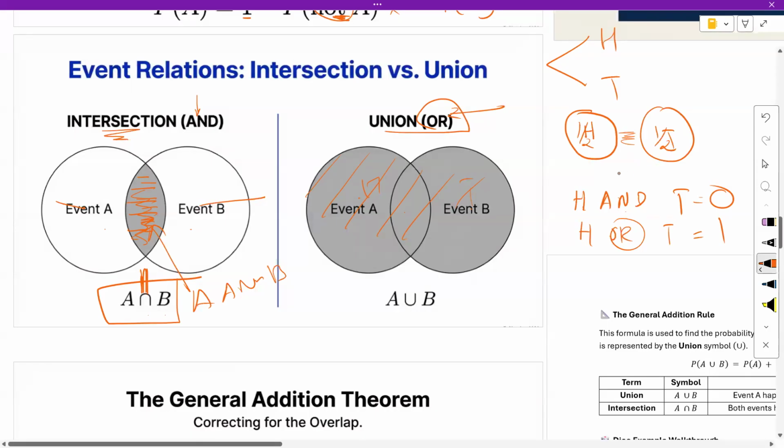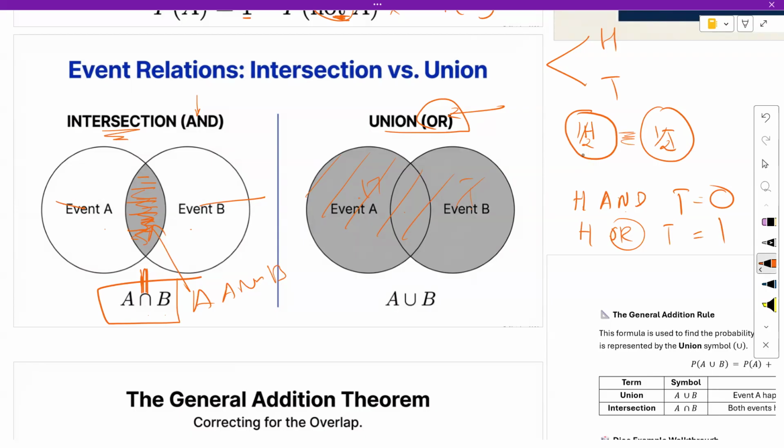And my question is, what's the probability of obtaining head or tail when you toss the coin once? If you get head, you win.